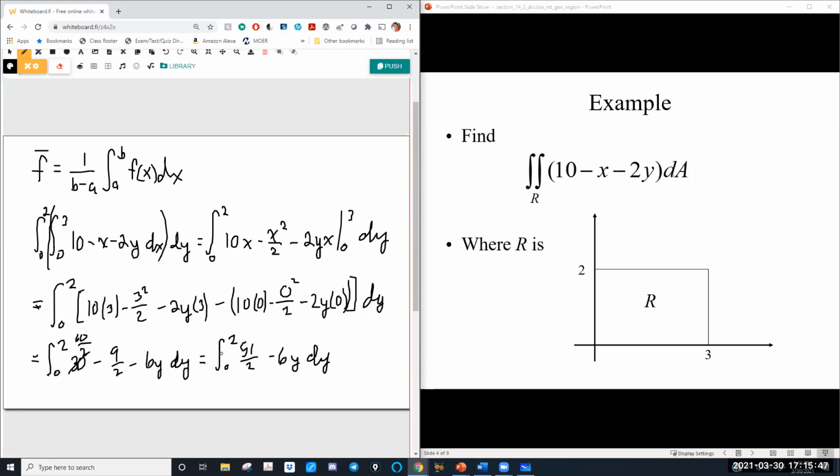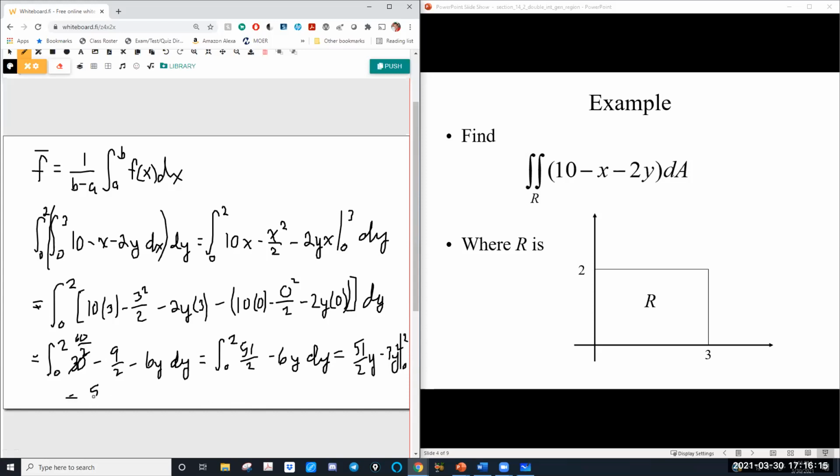And by the time you get to your last step, we should be into a single variable calculus problem. This is something you all could have solved without ever having taken this class, right? This is going to be, what do we got? 51 halves y minus 3y squared. And our limits are 0 to 2. The 0 will zero out.